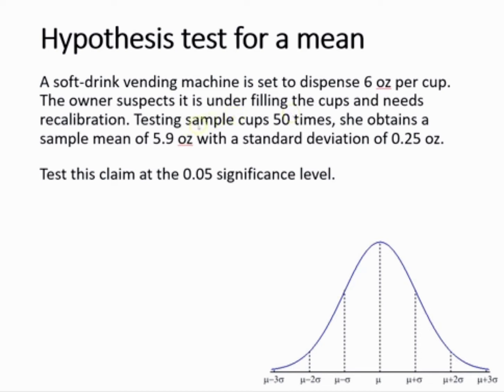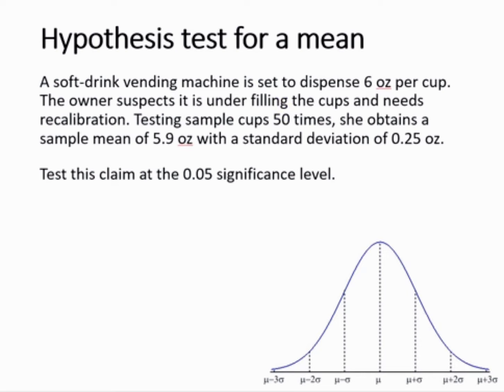So we take a sample of 50 cups. Out of those 50 cups, we got a mean of 5.9 ounces, so below the 6 ounces that it should be dispensing, and a sample standard deviation of 0.25 ounces. So we're going to test the claim that it is underfilling those cups.